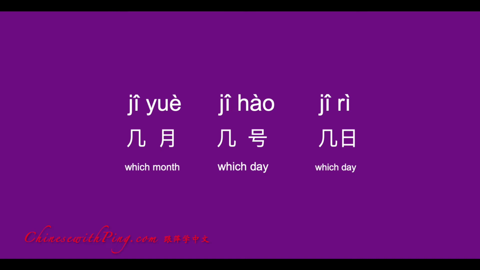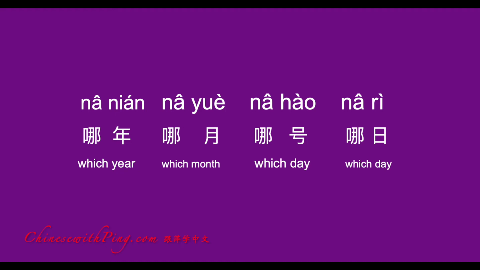To ask the question, which month is 几月? Which date is 几号? Or you can say 几日. To ask which year, month, and day, you can also use the words 哪年哪月哪日 or 哪号. But when asking about which year, you cannot use 几年.